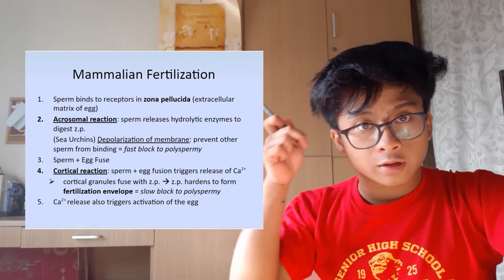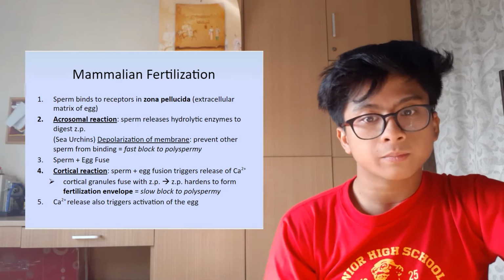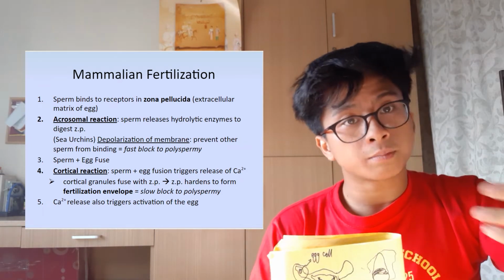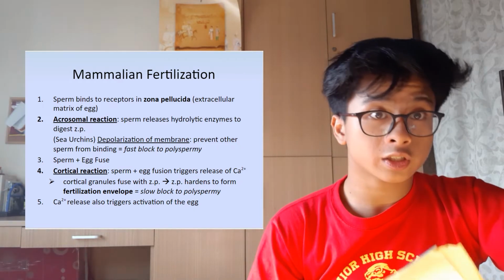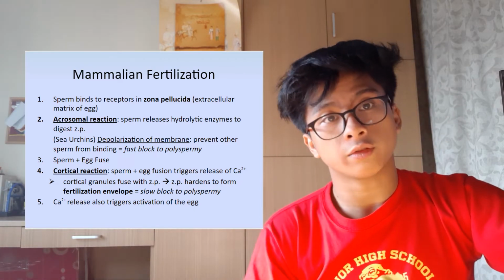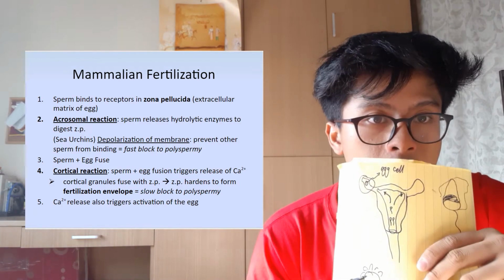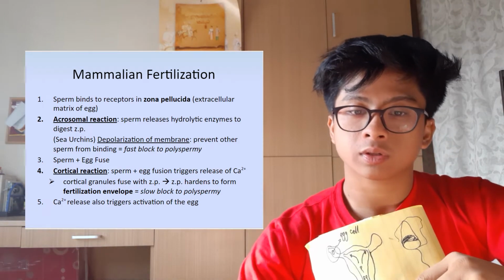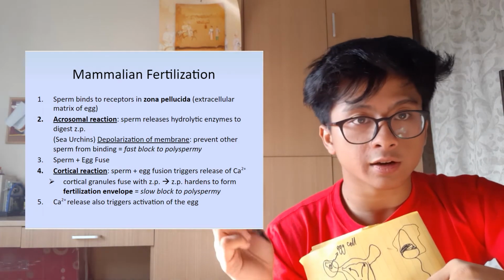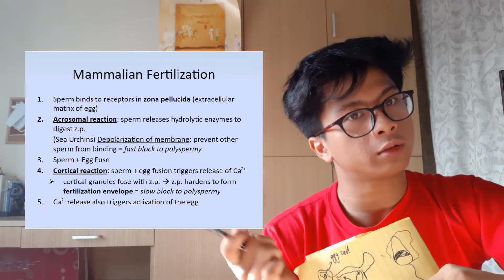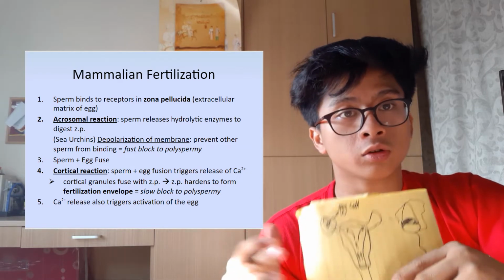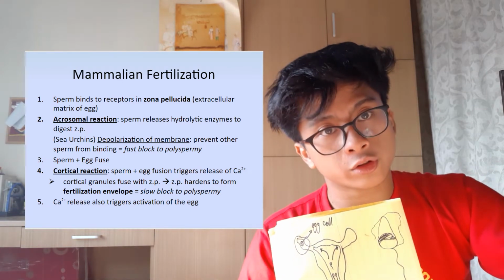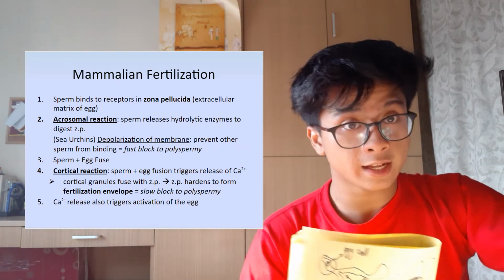As you can see here, the series of steps are explained. Number 1, the sperm binds to the receptors in the zona pellucida, which is the extracellular matrix of the egg. Also, refer to slide number 4. We can see here the egg-shaped kind of cells referred to as the follicle cells, also called the corona radiata.